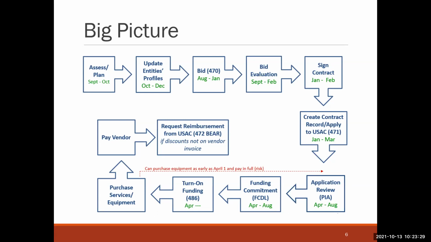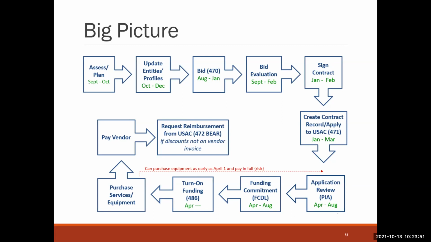If you have a local school or library policy that requires contracts to be approved by your governing board, then you would need to build time into your schedule to get that board approval before you can file for your funding.